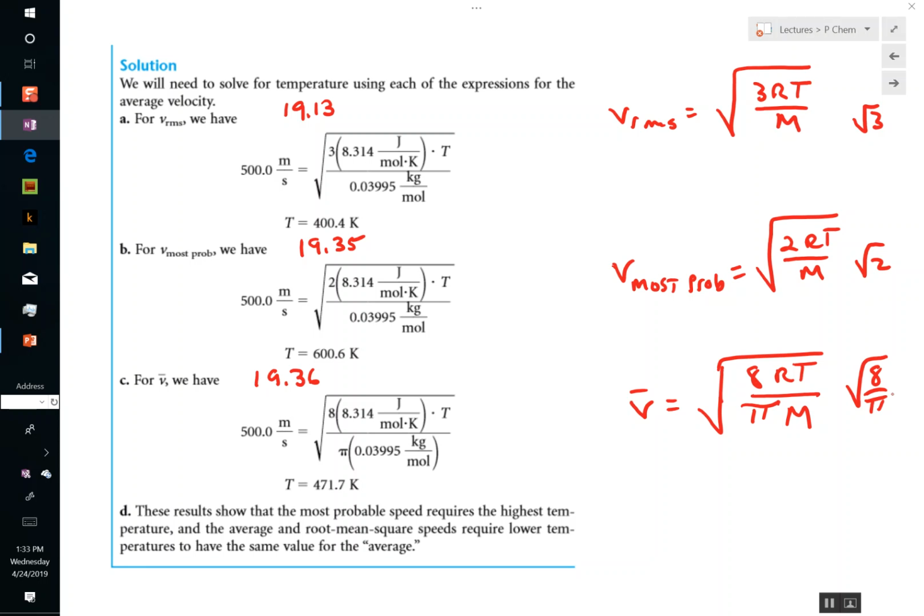The video, has anyone watched the video yet? No. Okay, well, one of your homework problems requires that. But it only takes 9 minutes. In the video, the person gives a relationship between these three speeds, and I'm asking you in the homework to say whether it matches this or not.